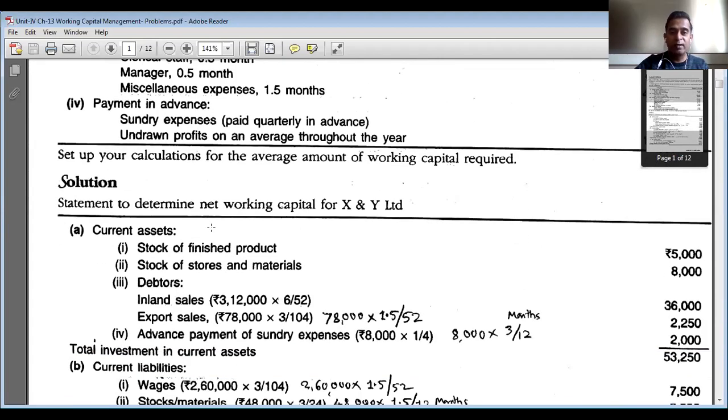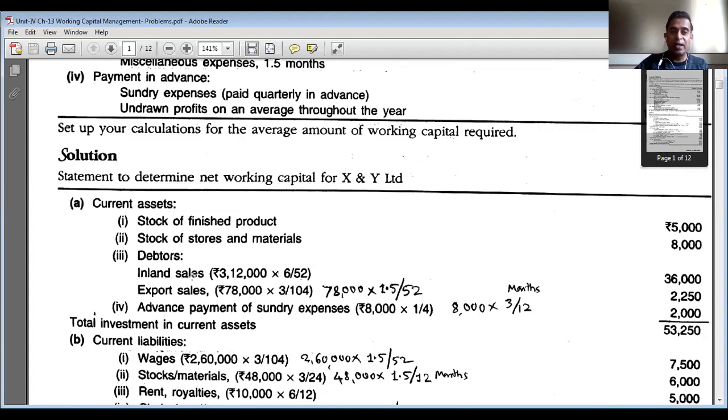So we write debtors, inland sales, 3,12,000 multiplied by 6 divided by 52. 6 is the debt collection period divided by 52 weeks in a year. So the working capital required to finance debtors within the country is 36,000 rupees.